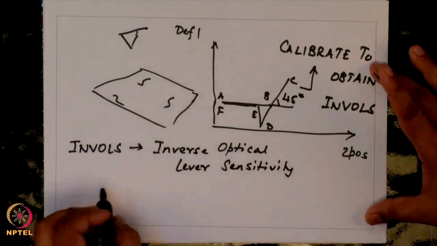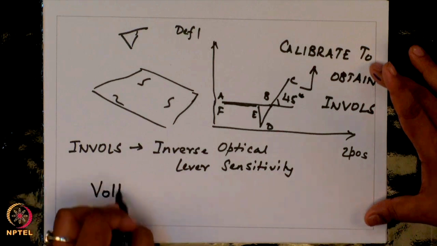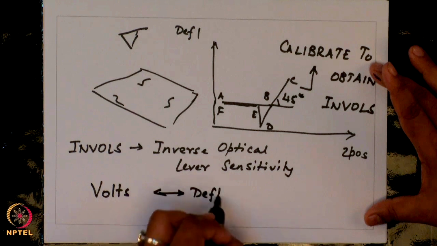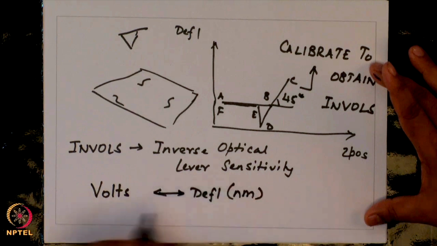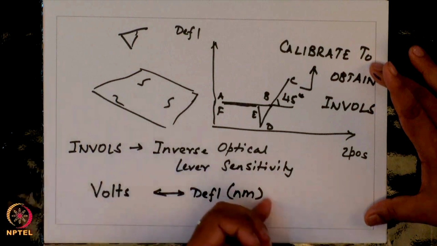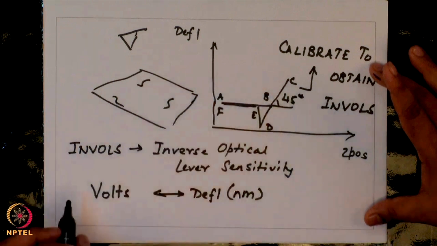What is it? Because the instrument is recording everything in terms of volts, while what you are interested in is deflection, which is in nanometers, you want to find this calibration, the conversion from volts to nanometers, and that is how it is done using this portion of the curve.